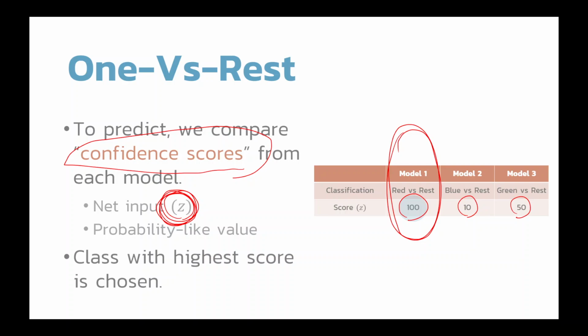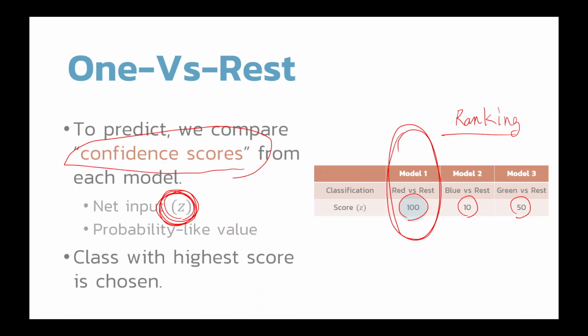So that means that the final answer should be the prediction from this model, which is the red prediction. Okay, so basically it's almost like voting, right? Like not voting, it's like a ranking. You have a lot of models inside your problem, and then you choose the one with the highest ranking. So this one is almost like you're ranking the predictions, and you're choosing the first rank as the final answer, for example.